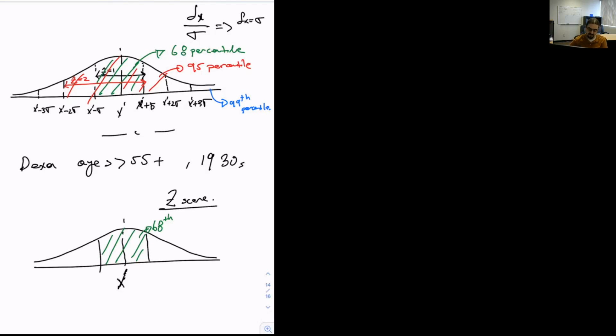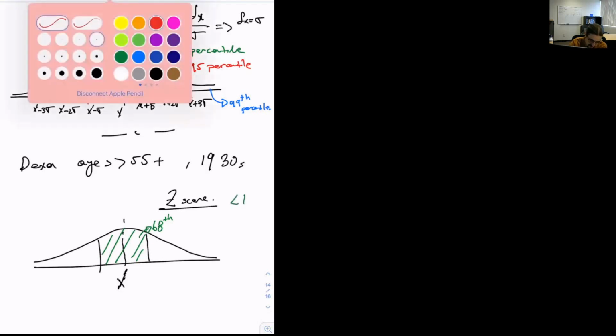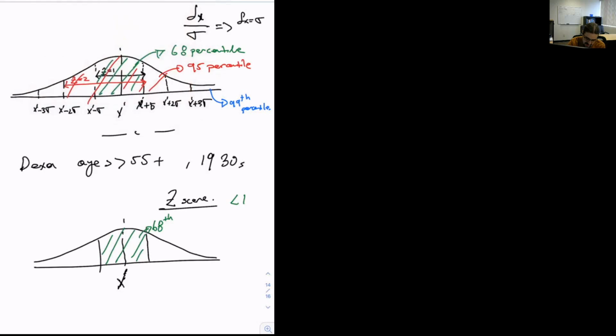If your z-score is smaller than 1, let's go to a different color. If your z-score is bigger than 1 but smaller than 2, meaning that you are within this area, that is called osteopenic.